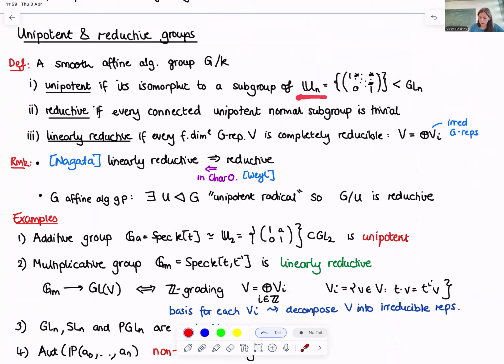And then the multiplicative group is linearly reductive. This is A^1 minus the origin, and now you're looking at k^* with multiplication. Because if you have a G_m representation, then you get a Z-grading on V. The V_i are the vectors where t acts with weight i.